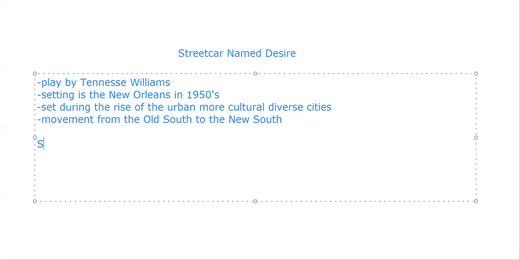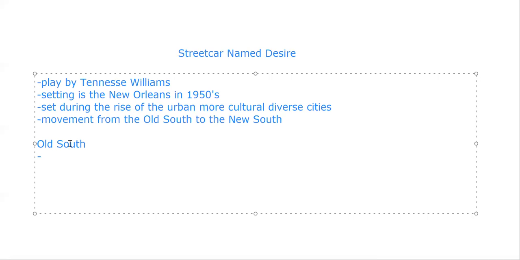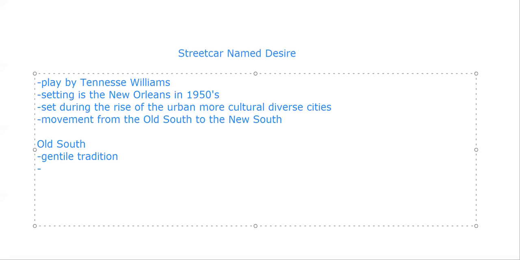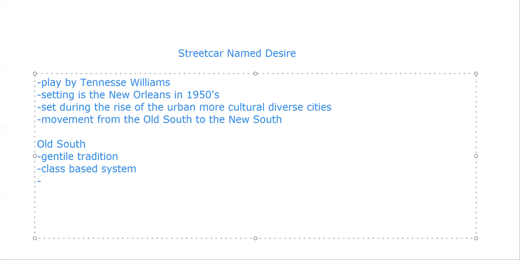So you have the Old South, and that represents what's called the genteel tradition. And this tradition is really based on the idea of a class-based system, right? It is extremely racist and sexist. In this society, people who are black, people of color, would not be able to achieve things.